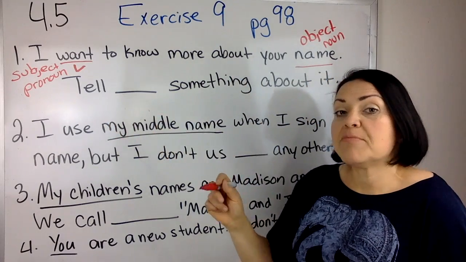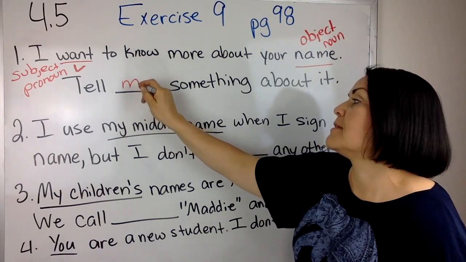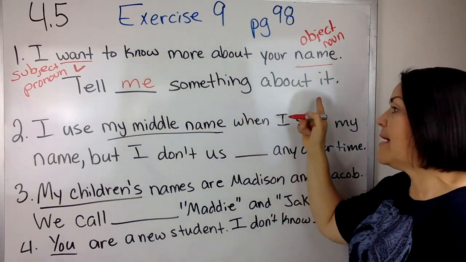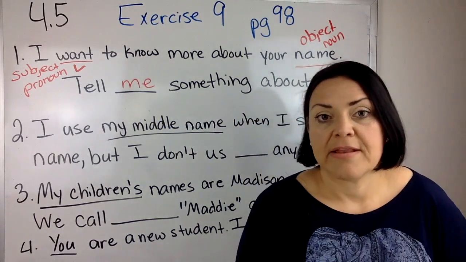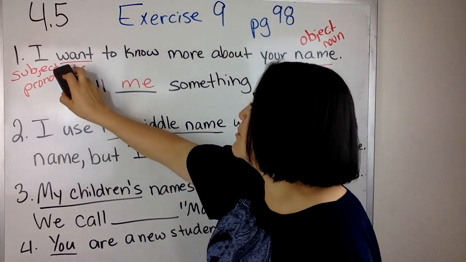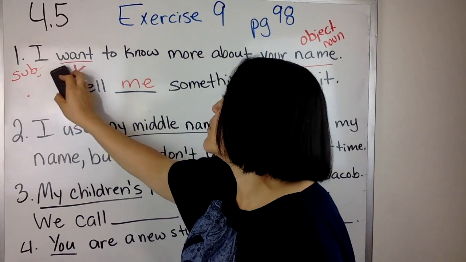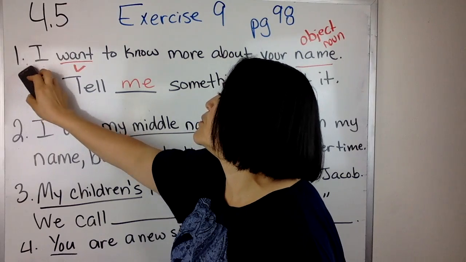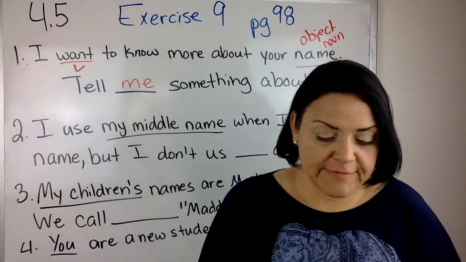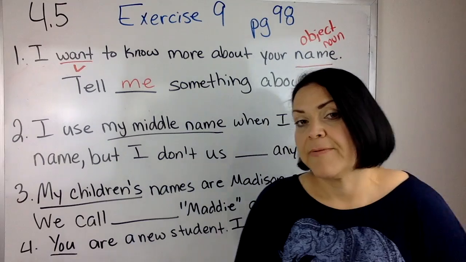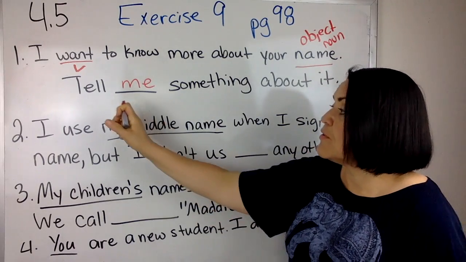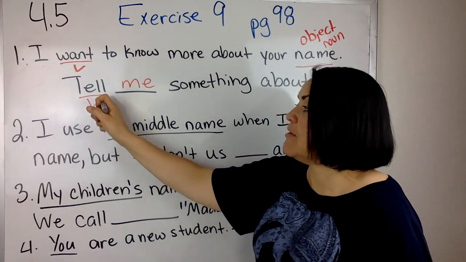Tell, in the book it says me. Something about it. Now, let's make some room real quick. So where is the verb? Okay, so the verb is actually right in front.